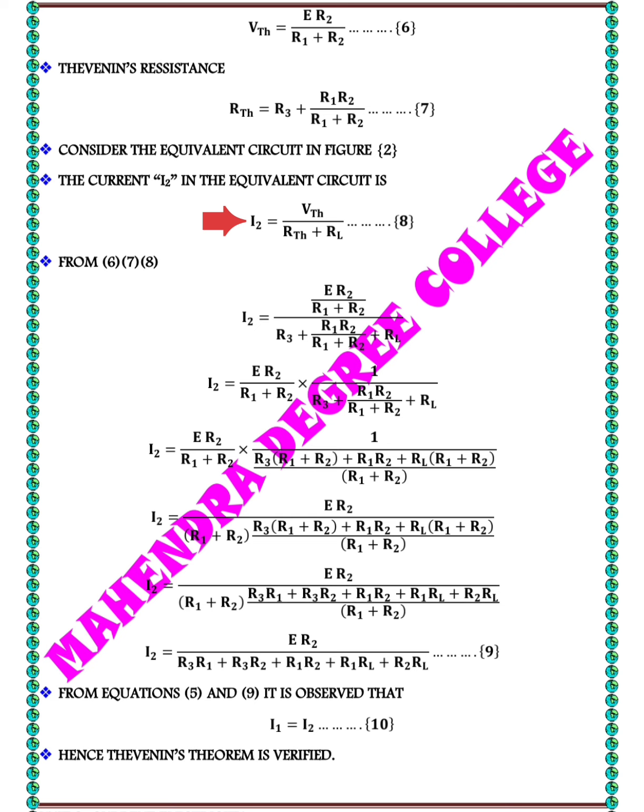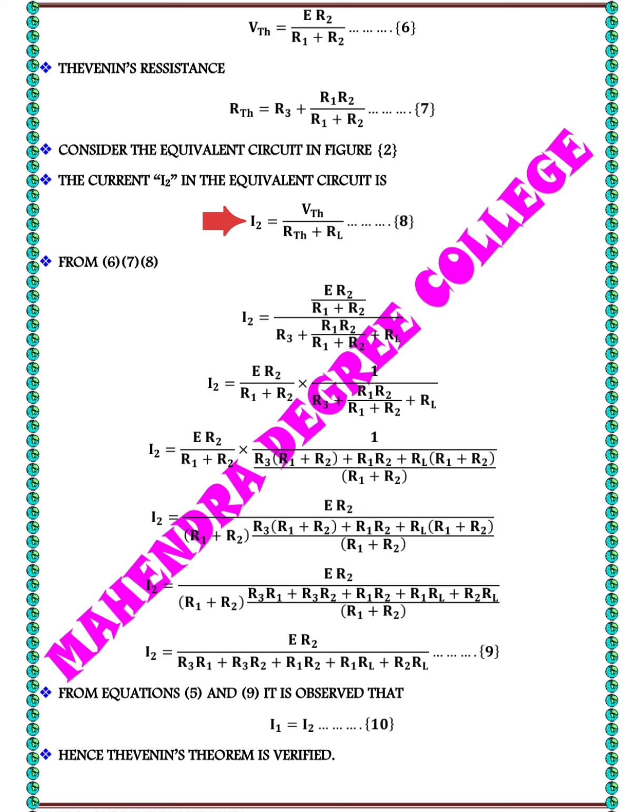This is equation number 8, where I2 represents the flowing current. VTH is the Thevenin's voltage, which is the open circuit voltage across the terminals of the original circuit. RTH is the Thevenin resistance, which is the equivalent resistance of the original circuit, looking back from the terminals with all independent sources turned off.